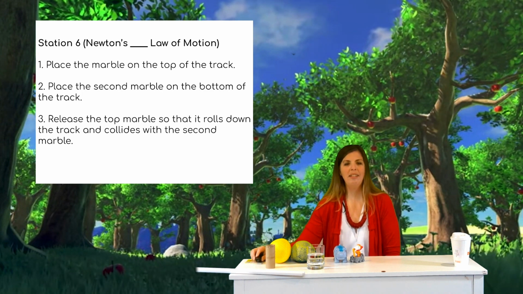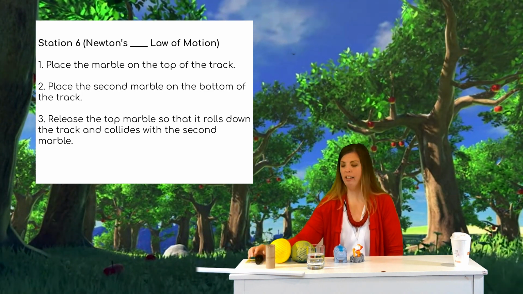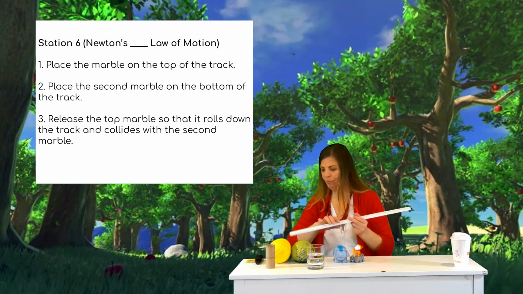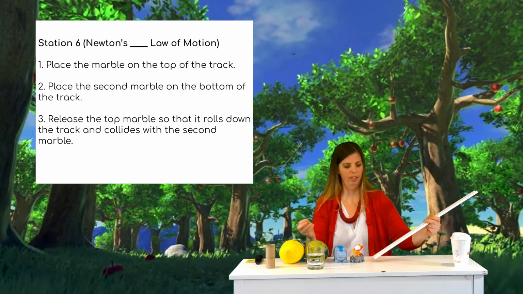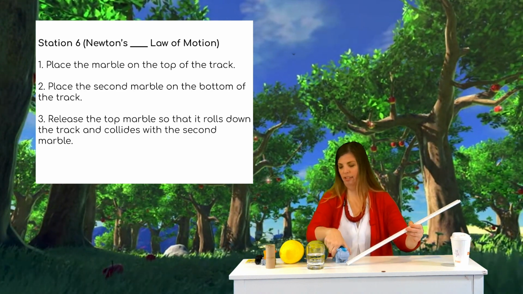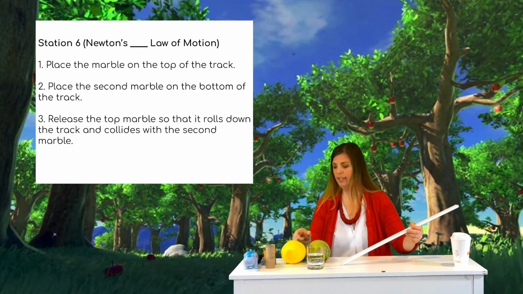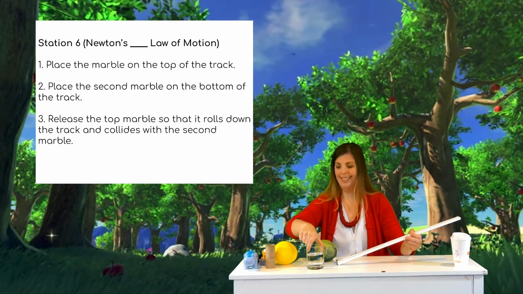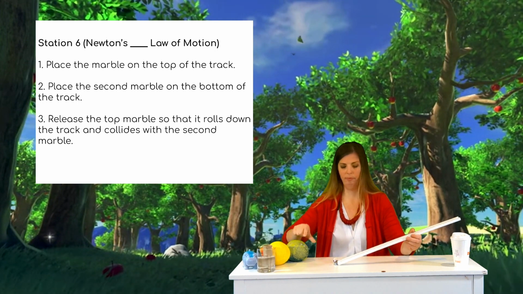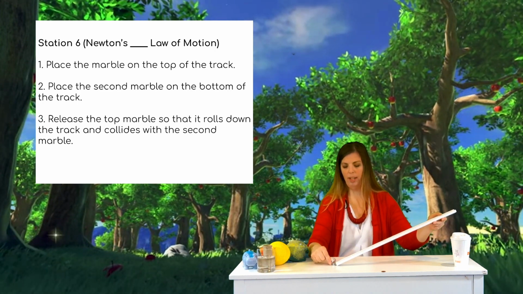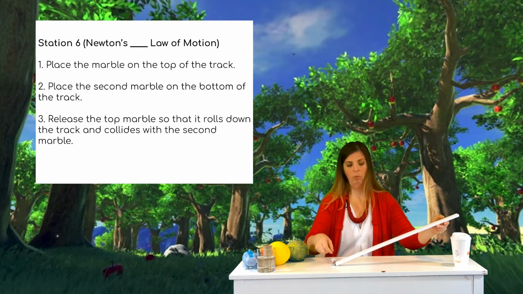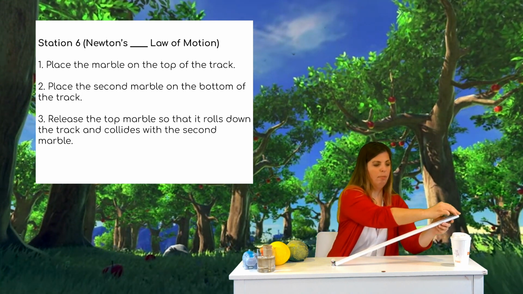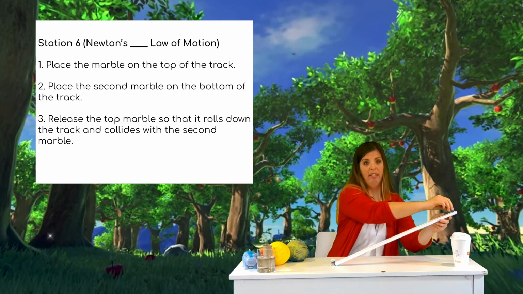Station number 6. Place a marble on the top of a track. Here's a track. Here's a marble. Place another marble on the bottom. This is a marble on a stand. And then identify what will happen to this one when we put this marble on the ramp and let it collide.